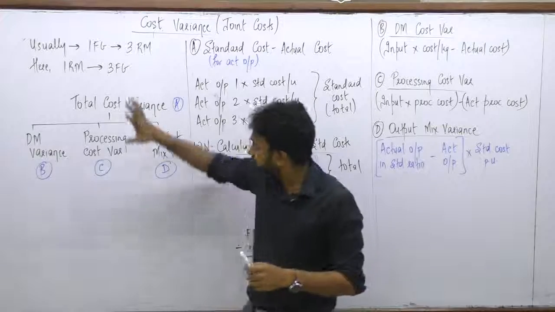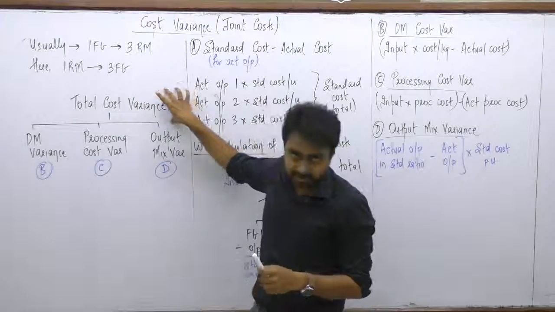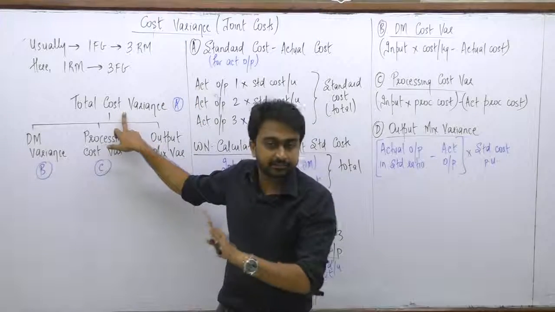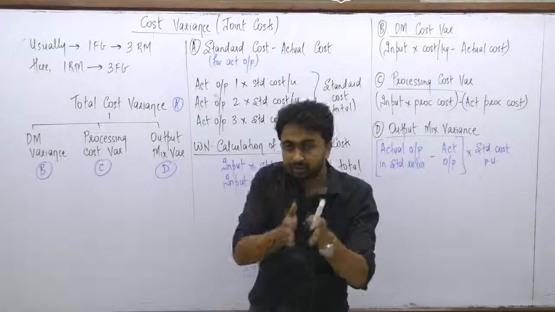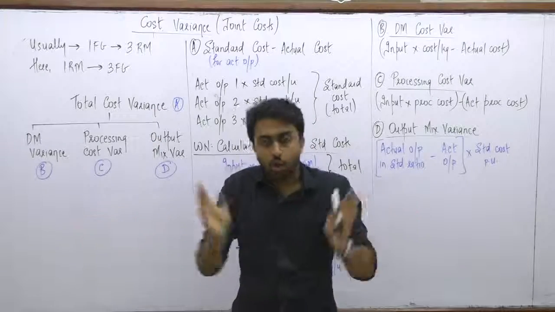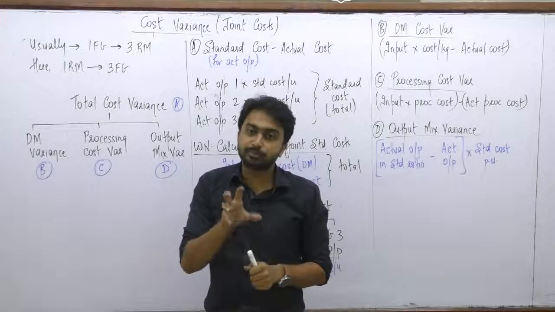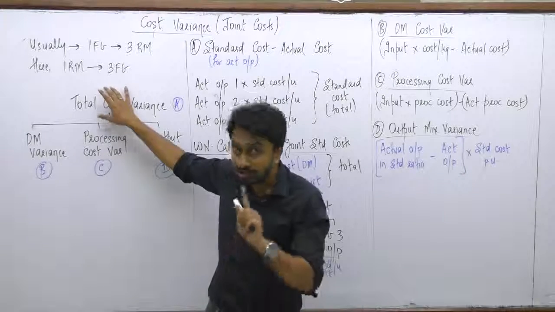Let's start. My parent variance will always be the total cost variance. I am having one raw material and 3 finished goods, or I will have one finished good and 3 raw materials. My cost will always be of raw materials, so that concept will not change here.